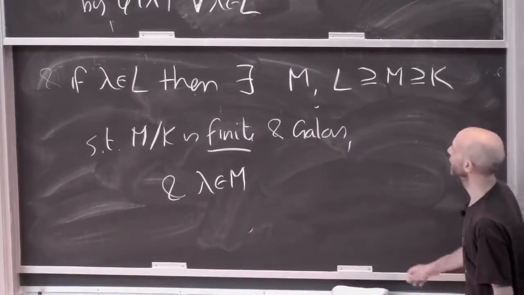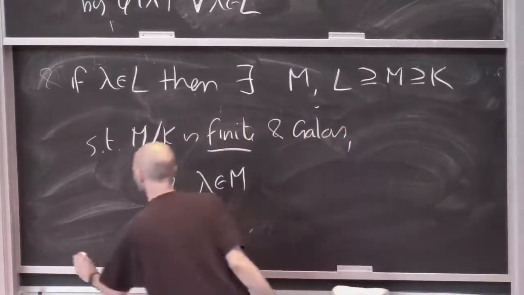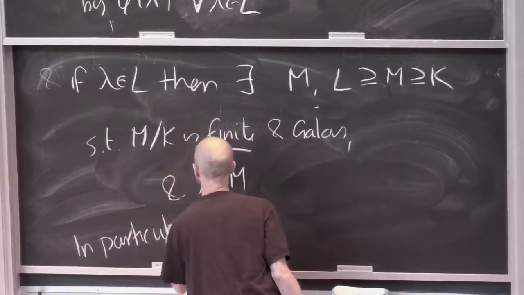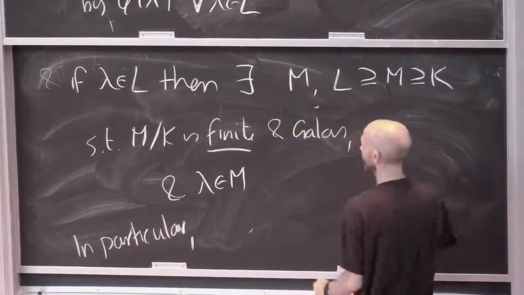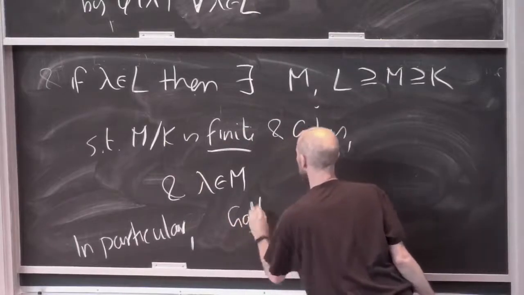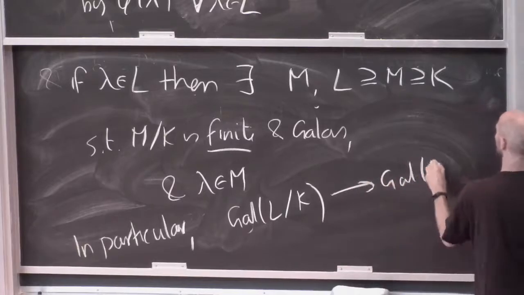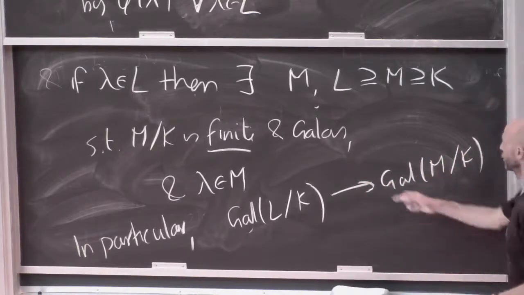So in particular, there's a map, Gal(L/K) goes to Gal(M/K). This is just a canonical map.